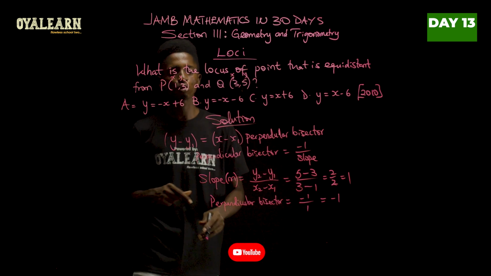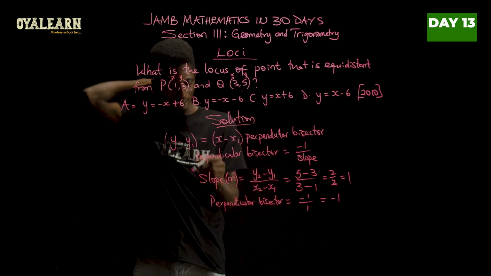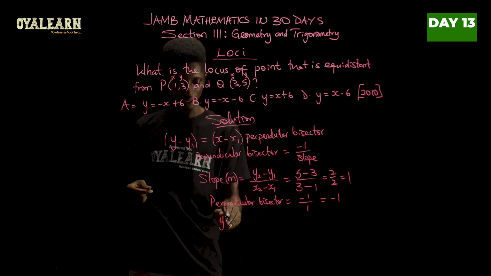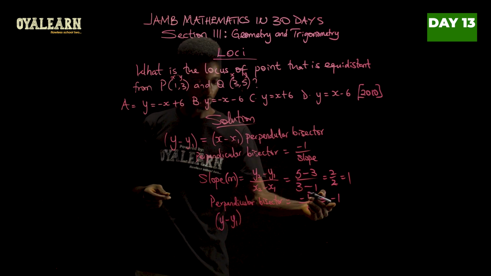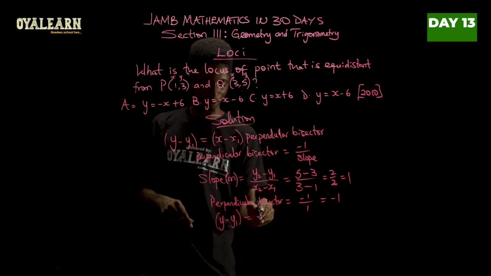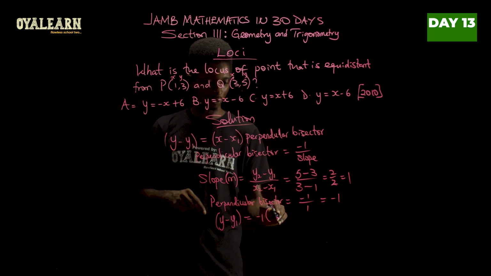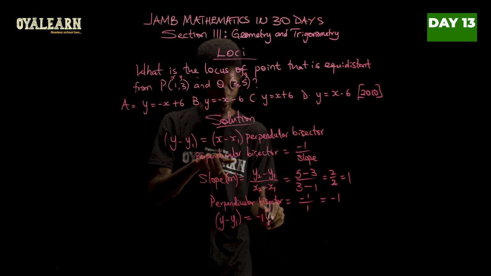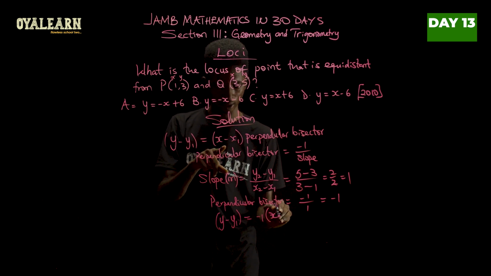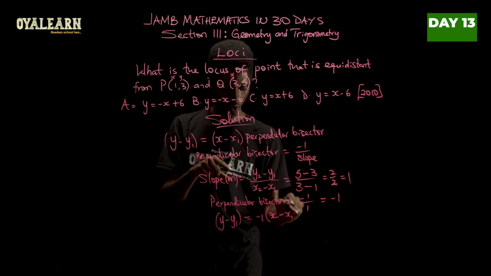So to then go on to solve this, we're going to apply this equation now. So where we have y minus y1 into, now the perpendicular bisector is -1. So we're going to be having from here, x minus x1.